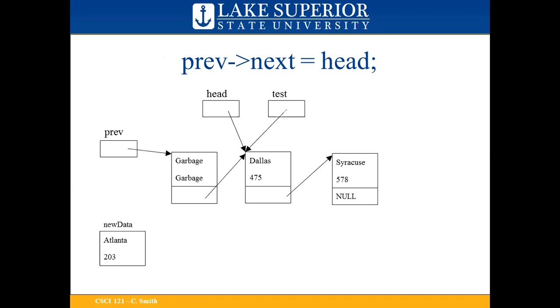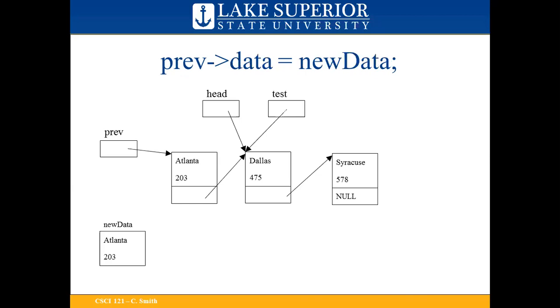Could have set it equal to test because both head and test have the same address in them. So there's previous arrow next equals head. That's fine. Copy the data in. So previous arrow data equals new data. And then remember I said we have to make sure we update head correctly. So head has to be moved because Atlanta is now the new head. Atlanta is the first item in the list.